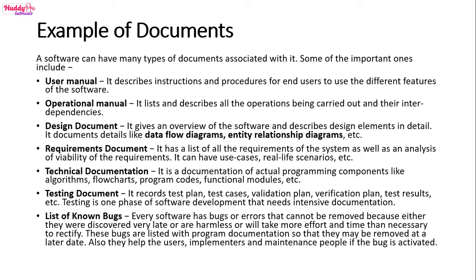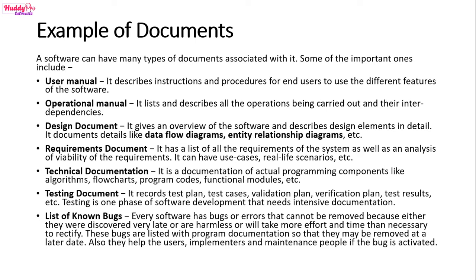For example, the bugs or the errors may be discovered very late, or the errors may have no harm, or it may take more effort to remove certain errors, and it may take maybe more time to rectify them. Sometimes software has bugs and errors that are left there if they are not doing any harm.